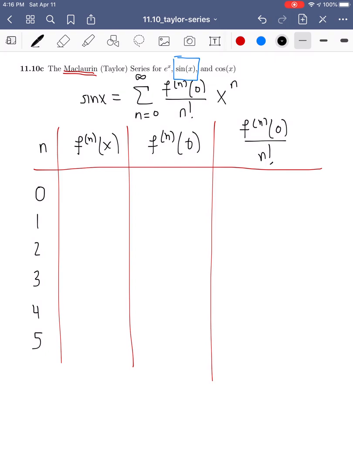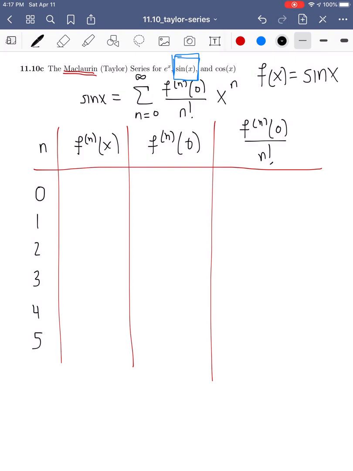Again, this process of taking the derivatives and setting up this table will give us the Maclaurin series or Taylor series for any function that's differentiable. Here, we're working with sine. So our function that we're considering is f of x equals sine of x.